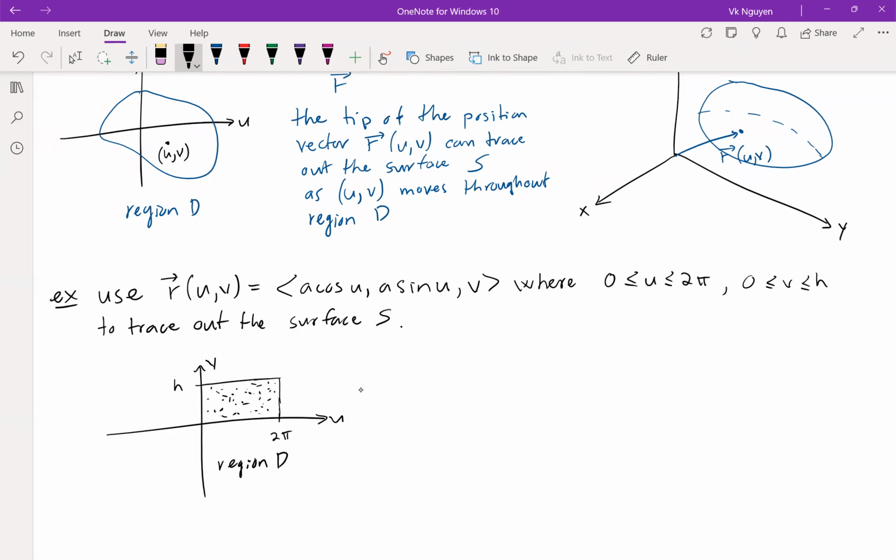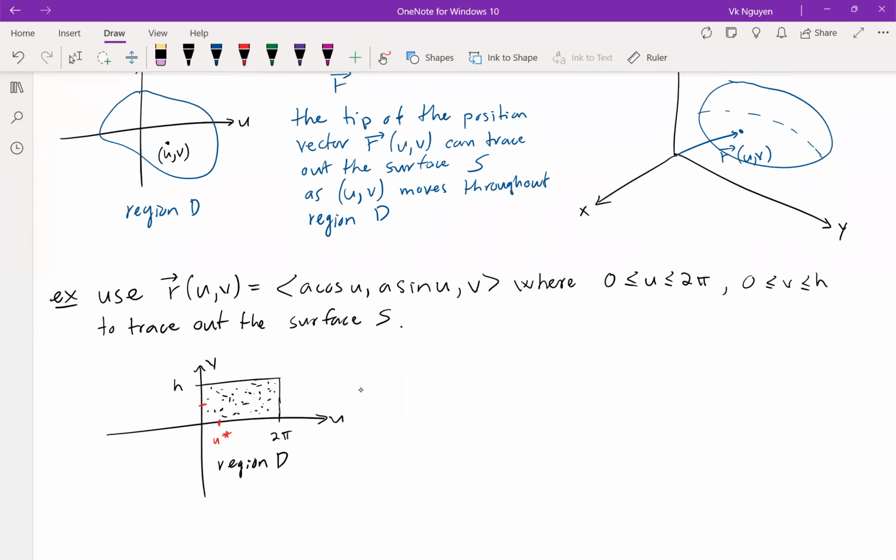Okay, so now we're going to be using the vector to do the trace here. So I'm just gonna get a particular point in here, so you can get an idea of what is going on here. So let me do a u star and v star here. Let's say this is the u star, and somewhere is v star.